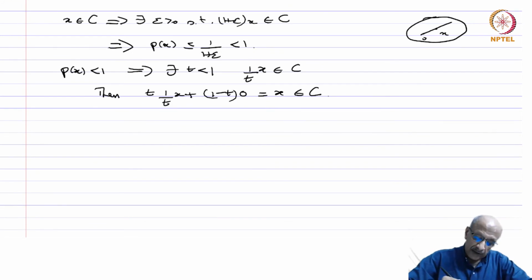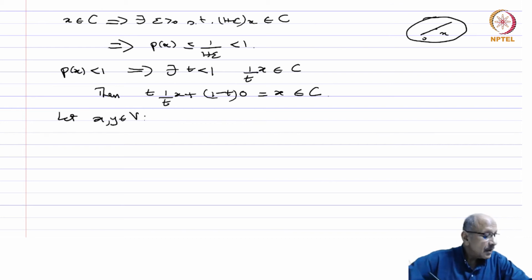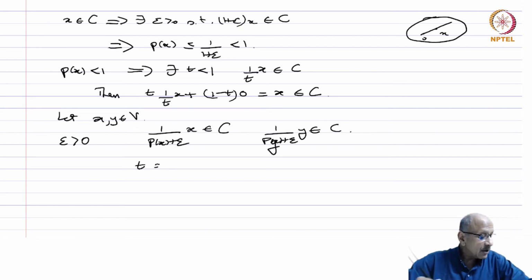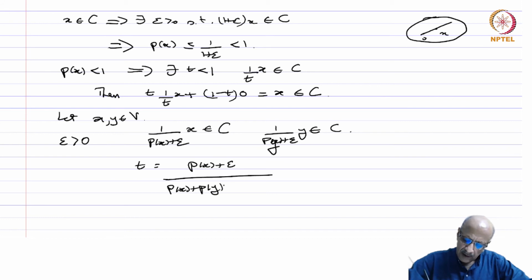Okay, so let x, y belong to V. So by the definition of Px, 1 by Px plus epsilon, where epsilon is some arbitrary positive number, times x, this should belong to C. Similarly, 1 by Py plus epsilon times y will also belong to C. So now you take T equals Px plus epsilon by Px plus Py plus 2 epsilon.